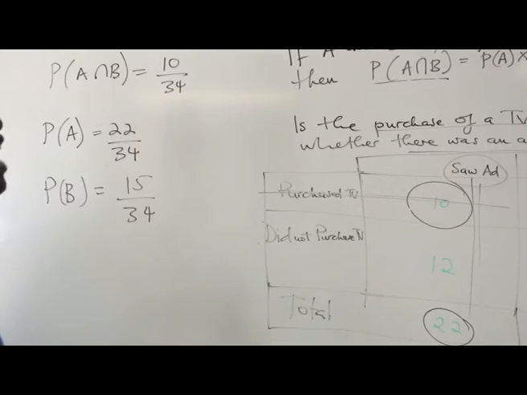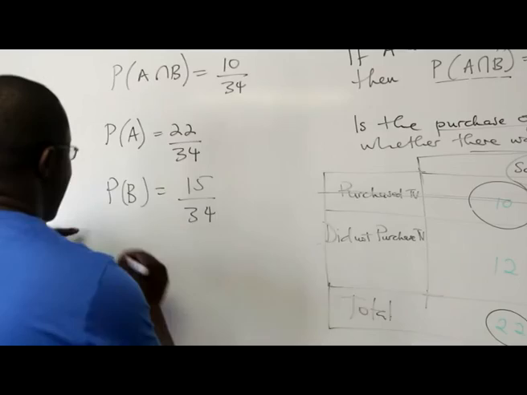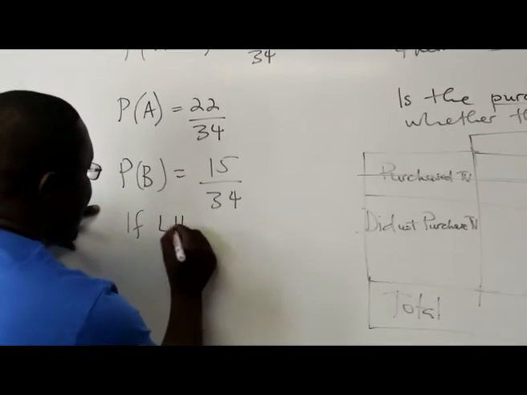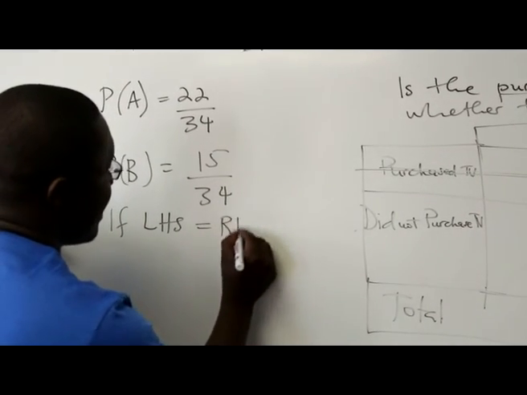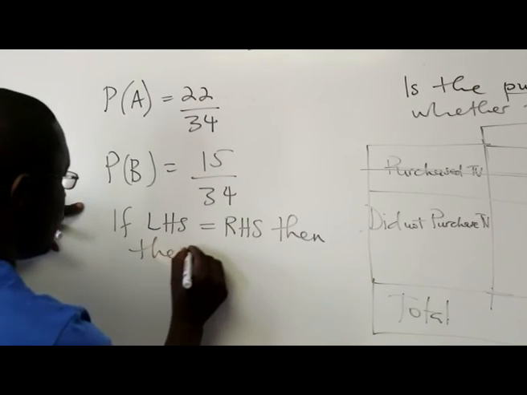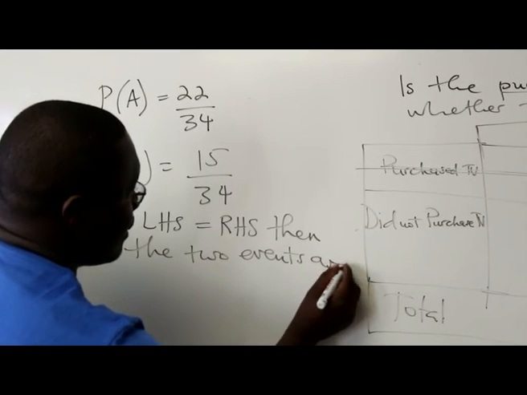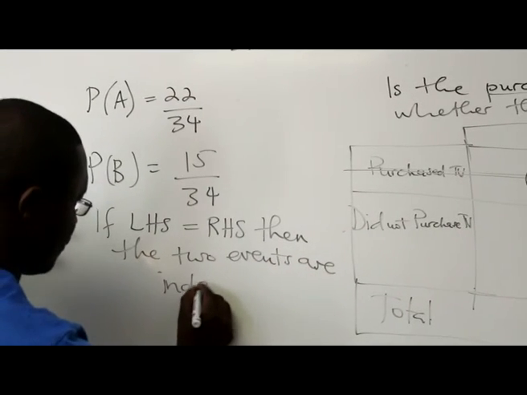So, for us to prove whether they are independent or not, we have to say if the left-hand side is equal to the right-hand side, then the two events are independent.